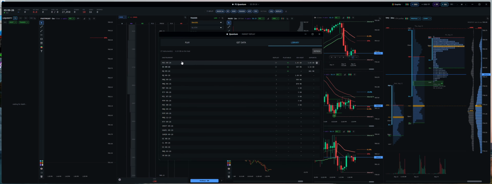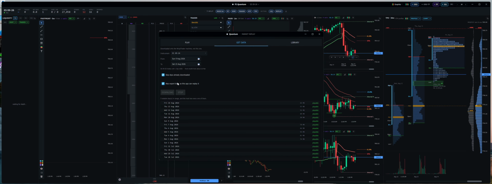Right here we have 45 playables on NQ, ES, and here you can see that this allows you to grab the days that you want for that particular contract. So right now we've got ES.